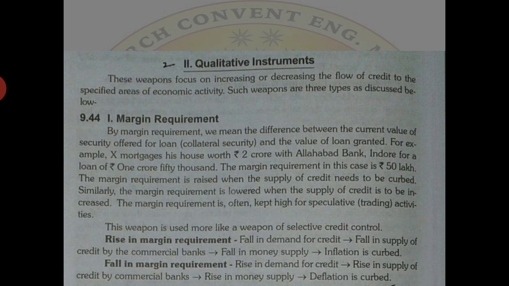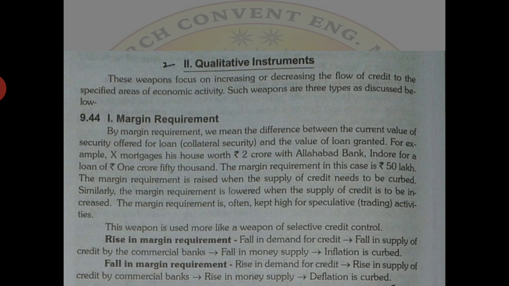When margin requirement is increased, then there is less demand for credit, and there is a fall in the supply of credit by the commercial banks, due to which money supply is reduced in the economy and inflation is curbed.